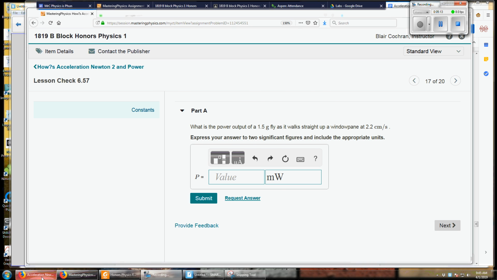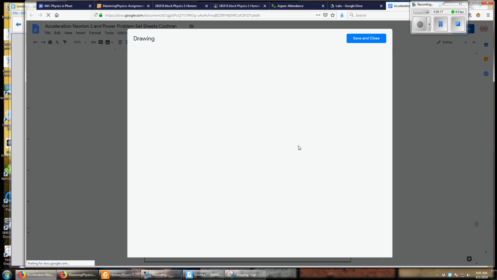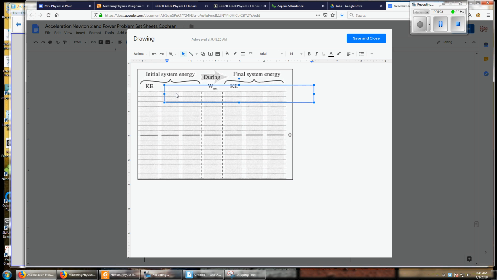But if I look at my Y part, I'm doing an energy bar graph. So I need to add in some PE grav. Put that in there.